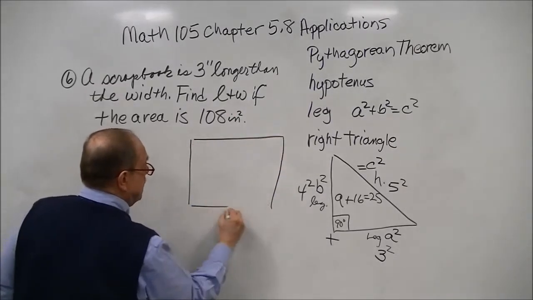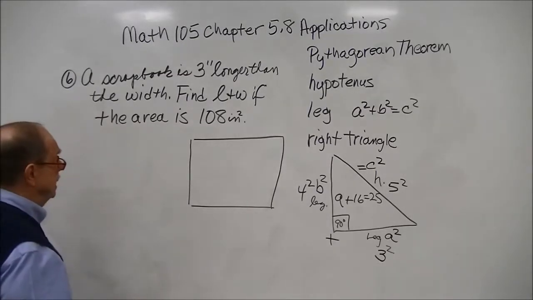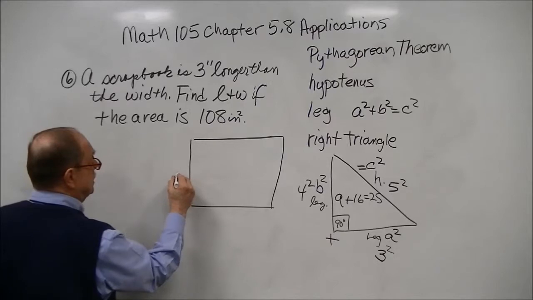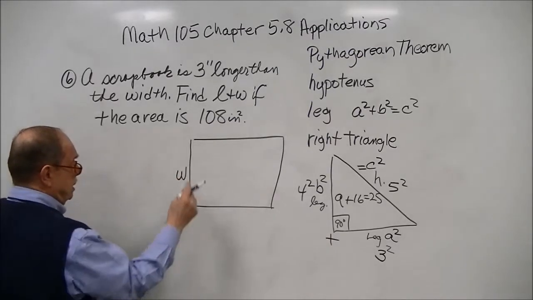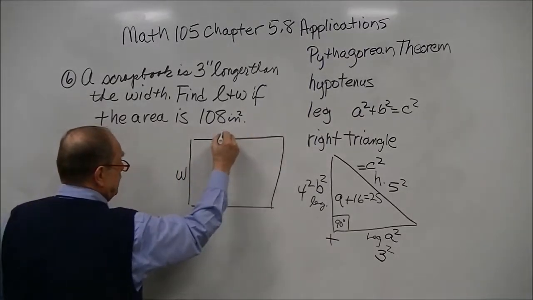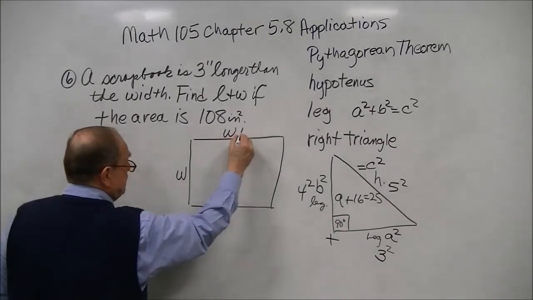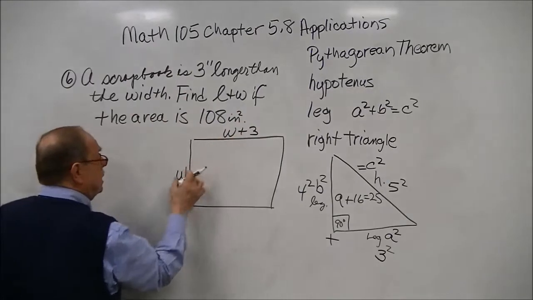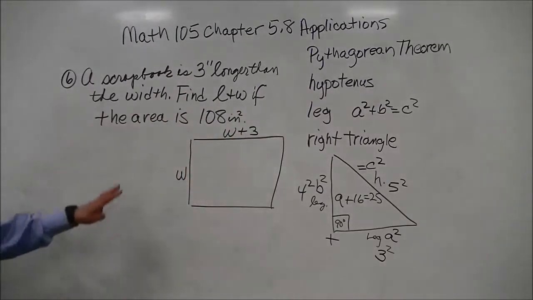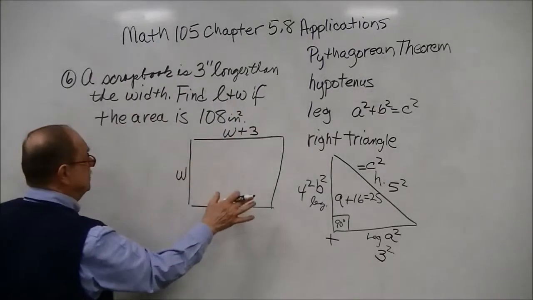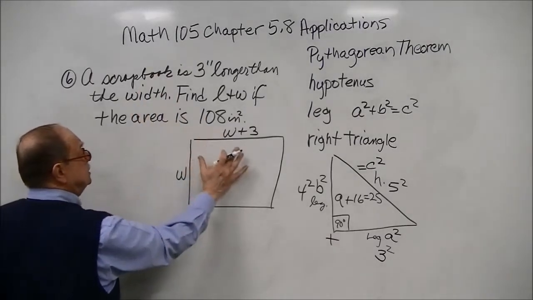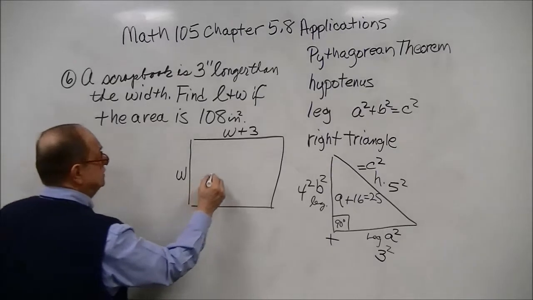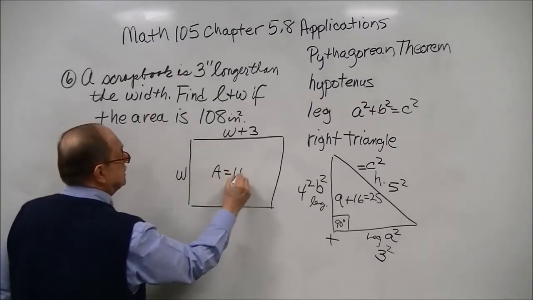So this is a rectangle, and we don't know the width, but we do know the length is 3 more than the width. So we have made a little diagram and put this information into the diagram. And we know the area is 108.